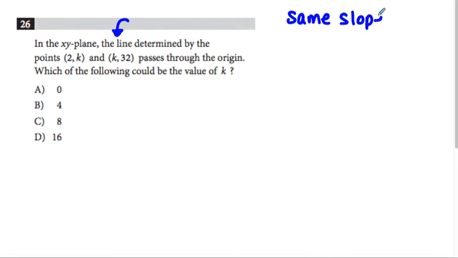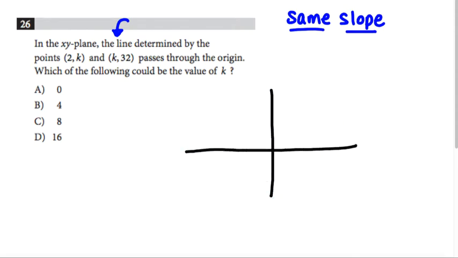So I always want to think of slope or rate of change when I'm thinking about a line in the coordinate plane. And this one says it passes through the origin. So I know a line passing through the origin either has to look like this or like this.